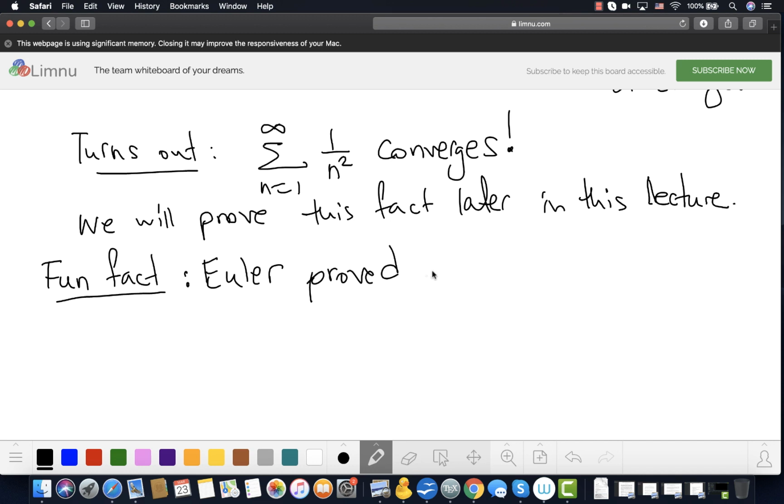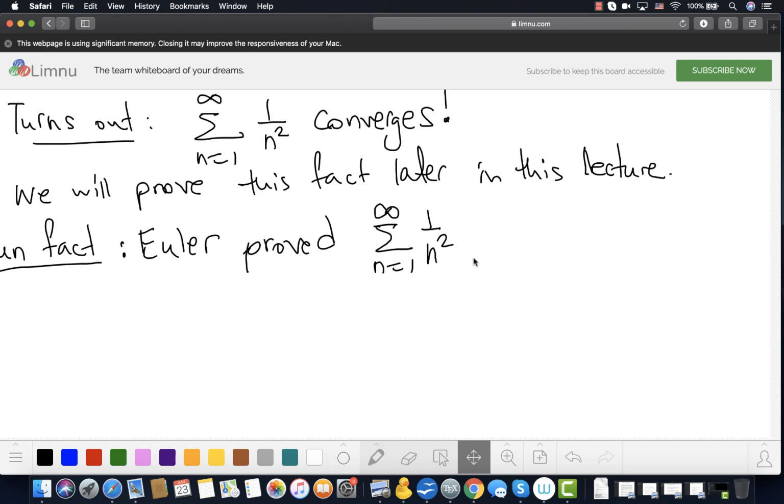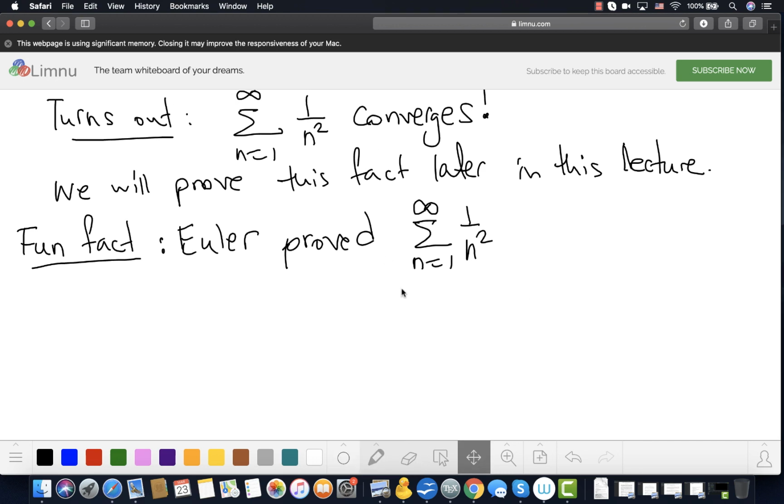What he showed is that this sum, n goes from 1 to infinity of 1 over n squared, so this is 1 plus 1 over 2 squared plus 1 over 3 squared plus 1 over 4 squared, is equal to this. We know it converges according to this fact, but he showed that it converges to a very special number. This is pi squared over 6.